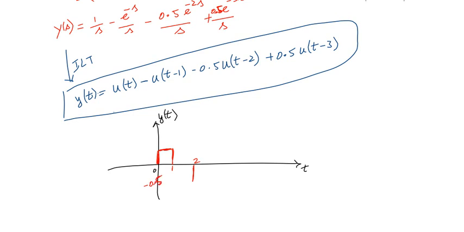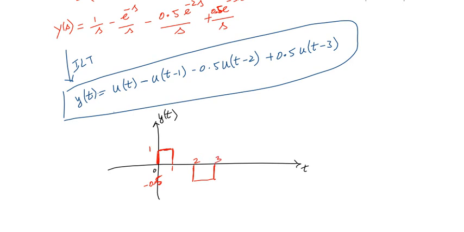And at 3, what happens? It keeps on going, but at 3 again plus 0.5 is added, another step signal. So minus 0.5 plus 0.5 comes to 0. So this is the signal.